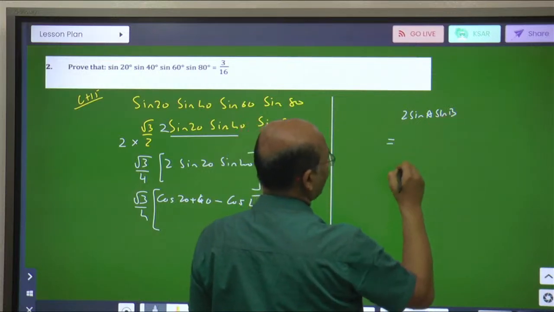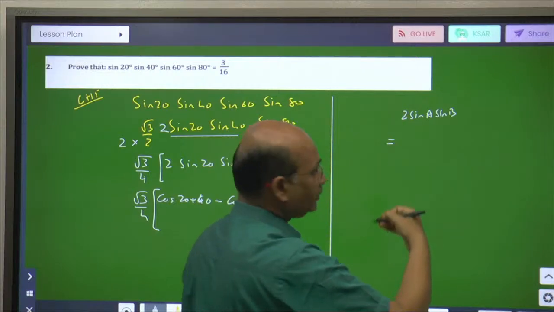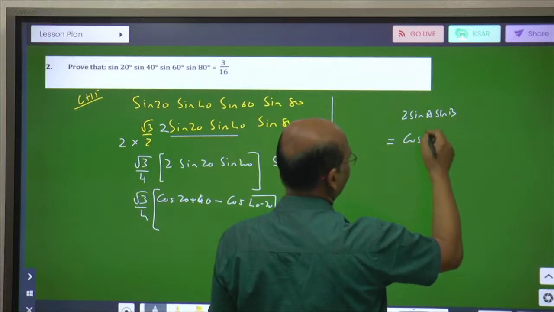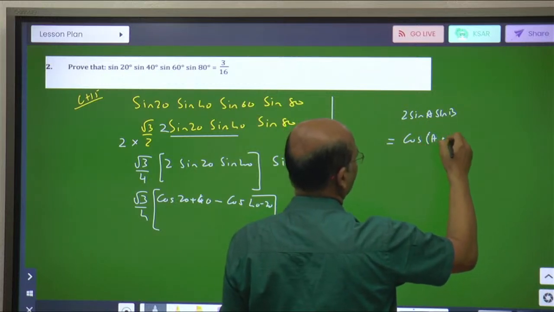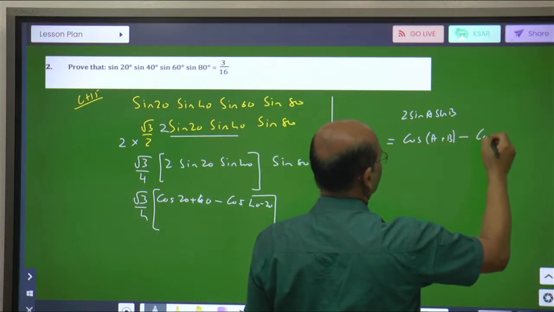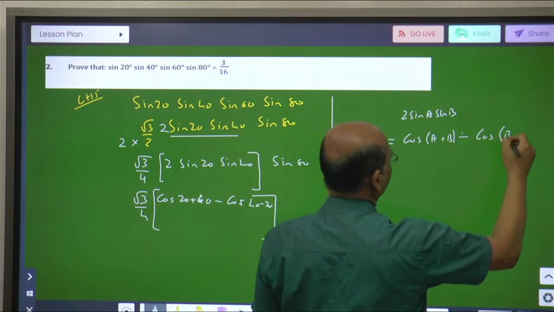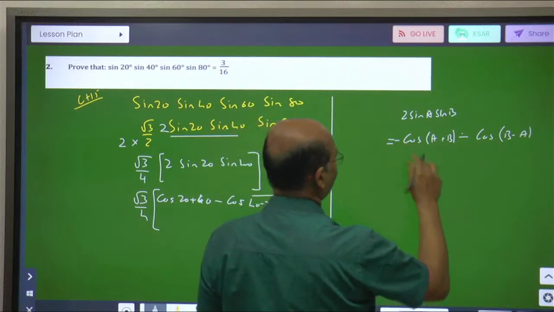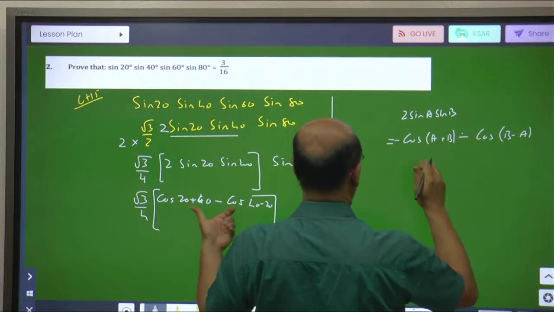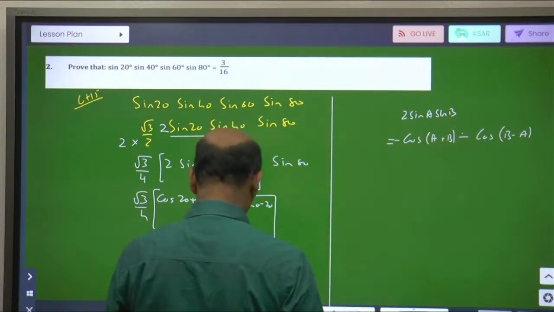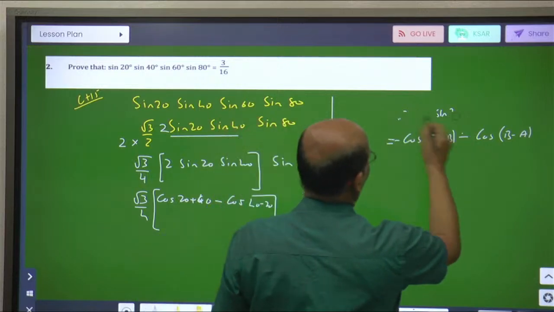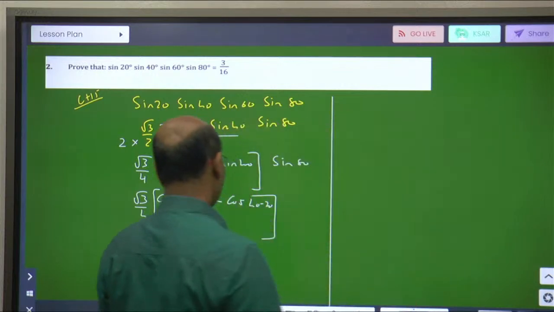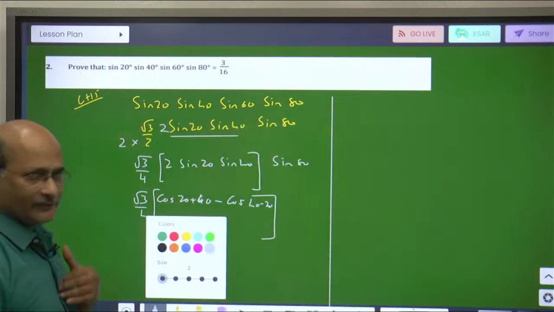I can write it as the subtraction of cos, so cos of A plus B minus cos of B minus A. Instead of this, they put a minus sign here and then work out as I showed over here. Right now there is no formula, I am presuming that you have the formula with you. You can do what you feel comfortable. That is very important for me rather than my convenience.